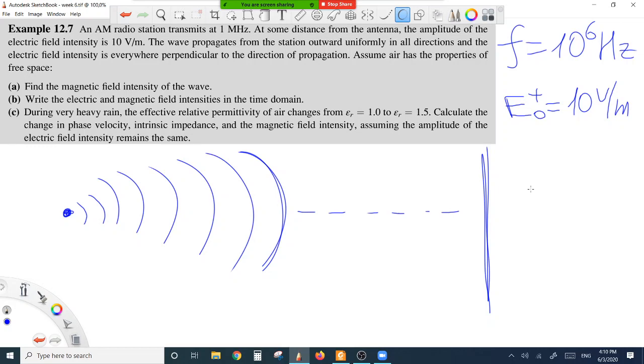Okay, so we assume that vertical direction as z and direction of propagation of the wave x. So the wave propagates in the x direction, which is parallel to the earth.